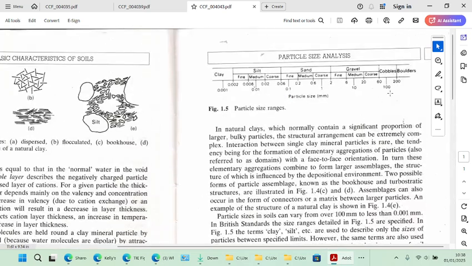And then going back to the particle size analysis, Figure 5.1, particle size ranges. Particle size is in millimeters. Boulders is 200, cobbles 100, coarse 60, gravel from 2 to 60, sand from 0.06 to 2, silt from 0.002 to 0.06.